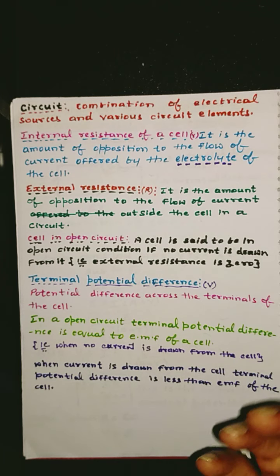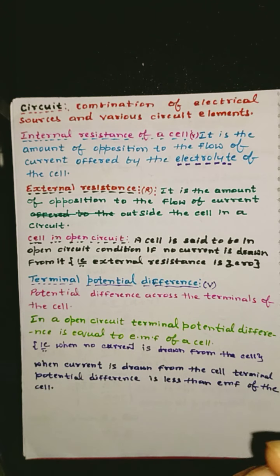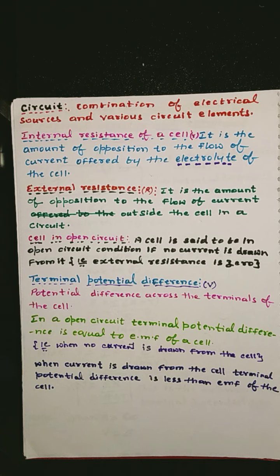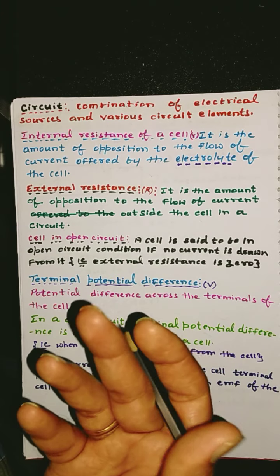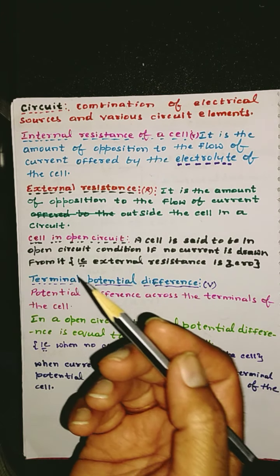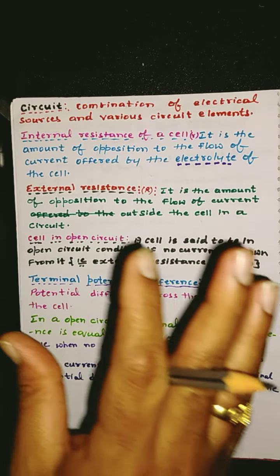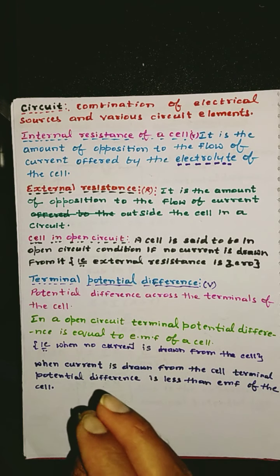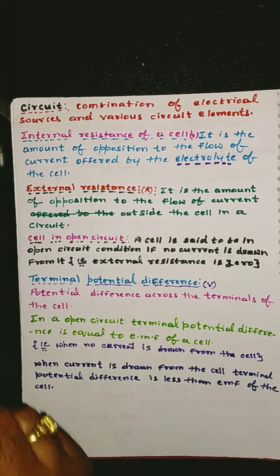Electrical sources means like a battery. You may have a battery, then you may have an alternating current source like an oscillator, that will be connected with many circuit elements. Circuit elements means it may be a capacitor, resistor, inductor. All these are called circuit elements. So the combination of all these circuit elements and electrical sources is in general called a circuit.